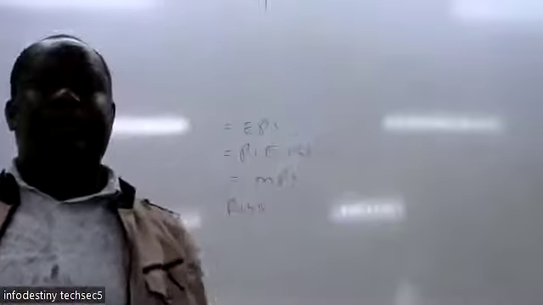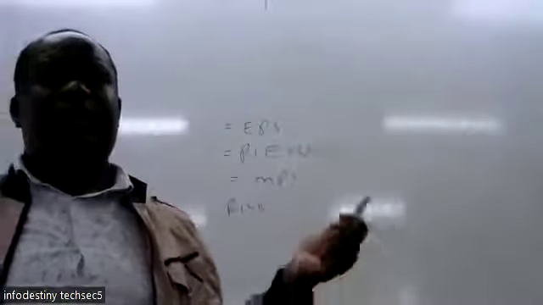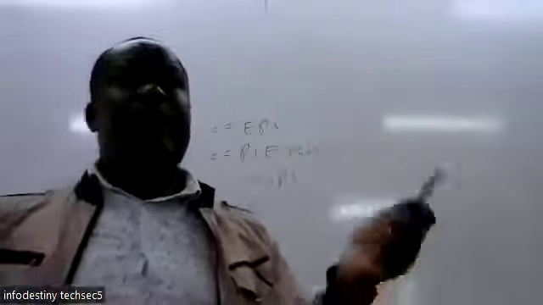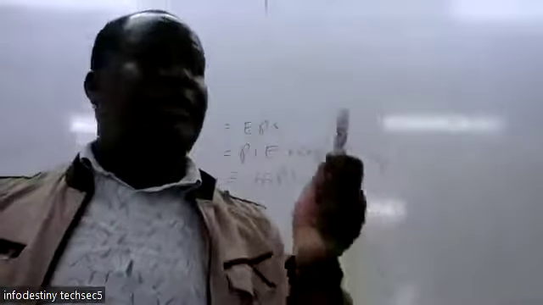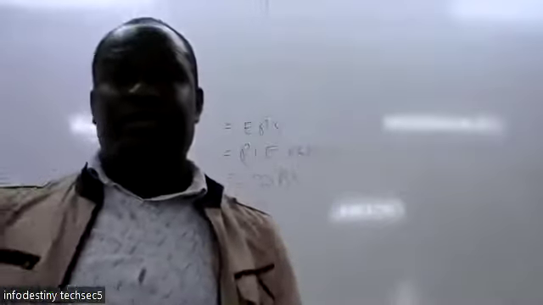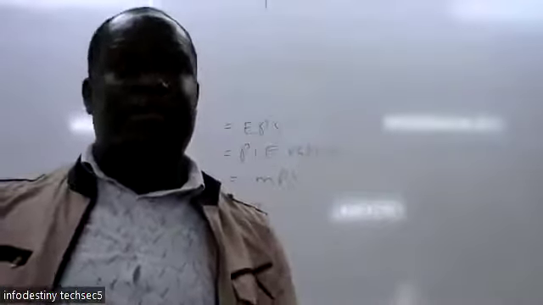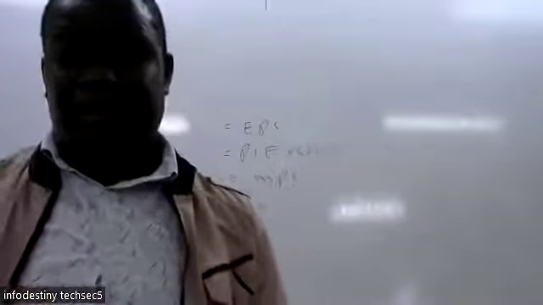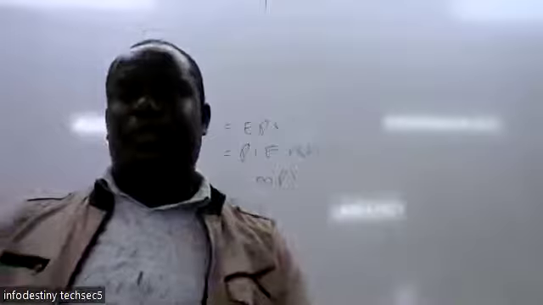The last time they tested was way back 2019. Is it 2019 or 2018? That's the last time they tested a question on the sensitivity analysis. So we expect them to ask you something on that. So make sure that you go through it.